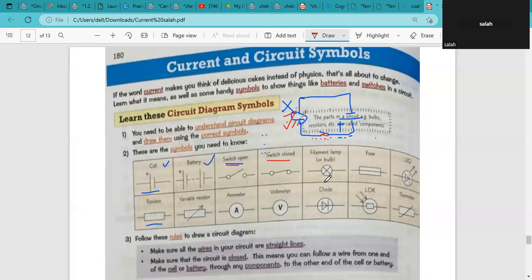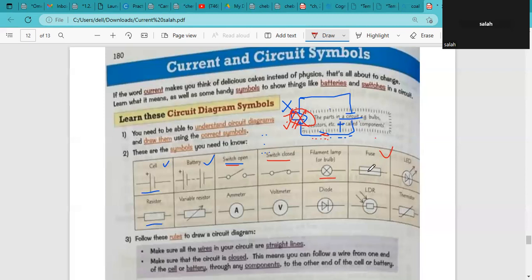Okay, so this is a symbol for a filament lamp or bulb. And this is a fuse. This is also a part of an electric circuit. It has a current controlling factor in it.